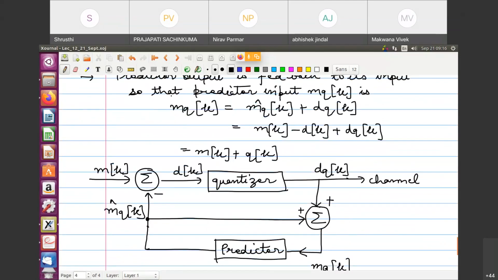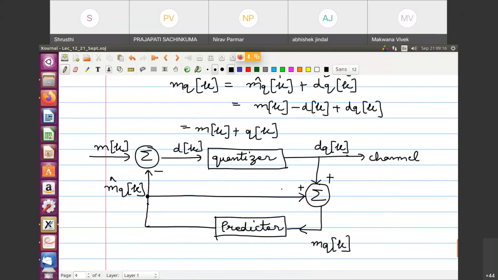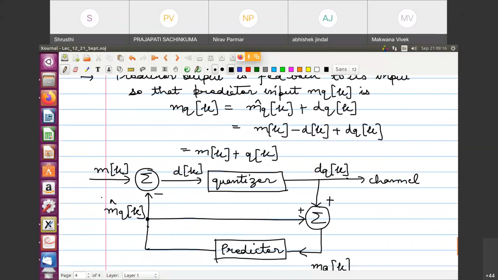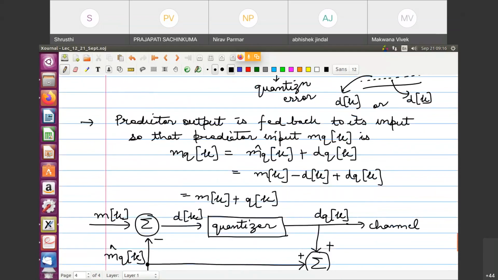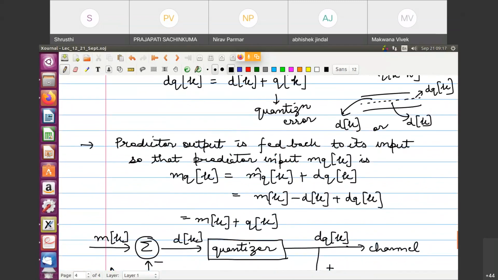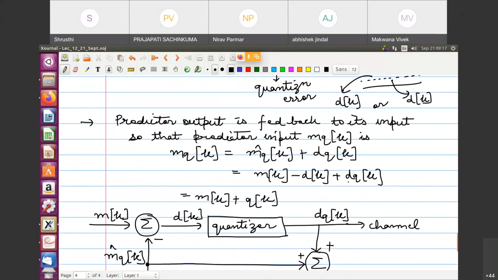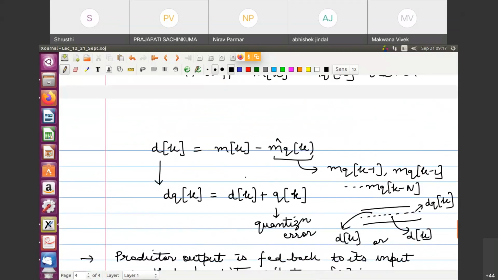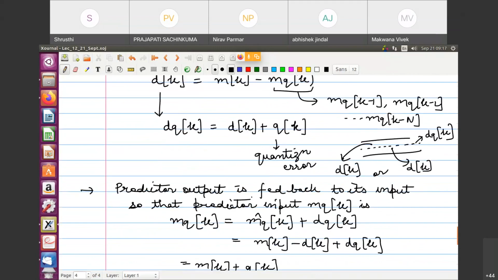So analysis says that MQK as per my diagram is MQK cap plus DQK, which is this. Now you can simply write, because our logic says that d of k is this, so you just put it in here. Now this d of k and dqk you can realize from this is nothing but q of k.